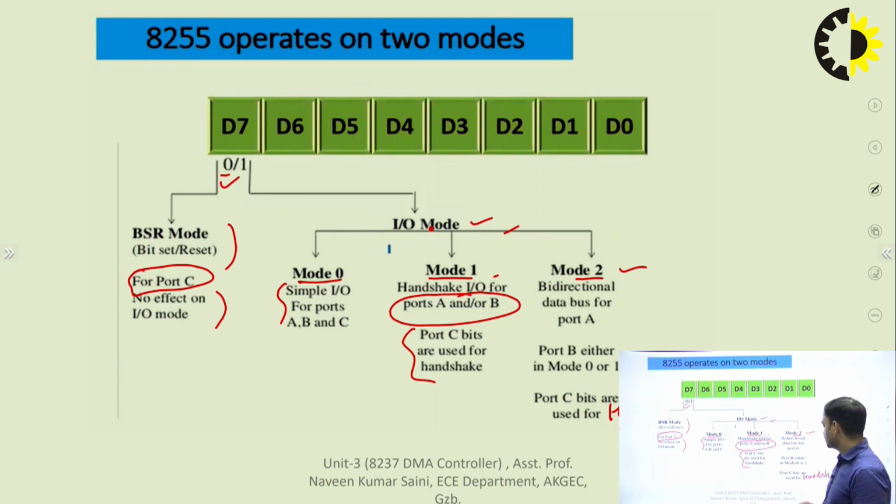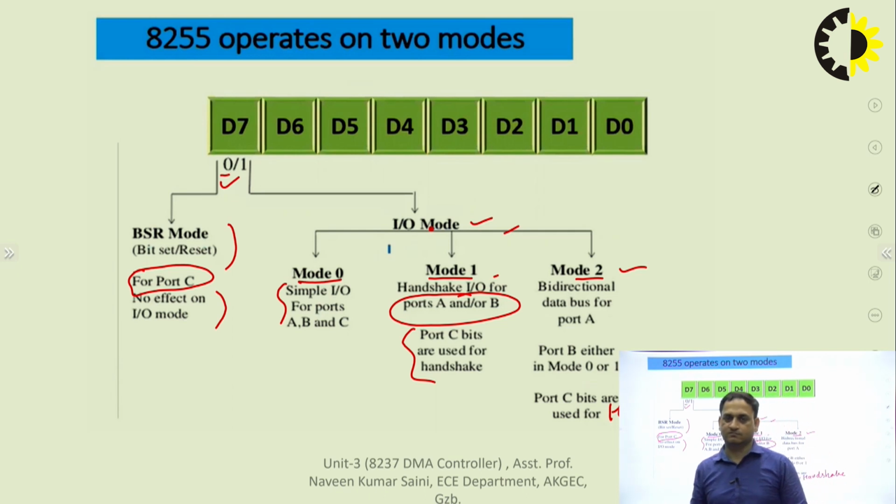Clear? So this is the mode of operation of the 8255, which depends on the D7 bit of the control word register. For any IC which connects between the I/Os or with the microprocessor, every IC has a control word register, and this control word register value is given by the microprocessor.